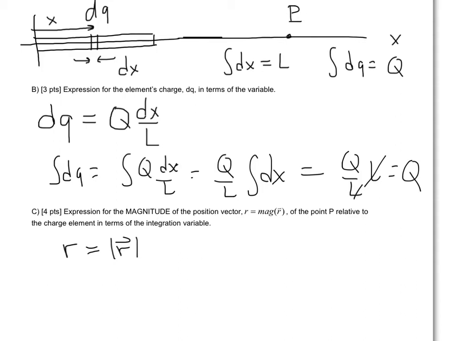The r vector points from the position of the charge element to the point P. So it goes from the charge element out to the point P. Okay? That's the vector. Now what is its magnitude? Well, if you think about it in this case, the magnitude is just the length of this vector, right? This length.